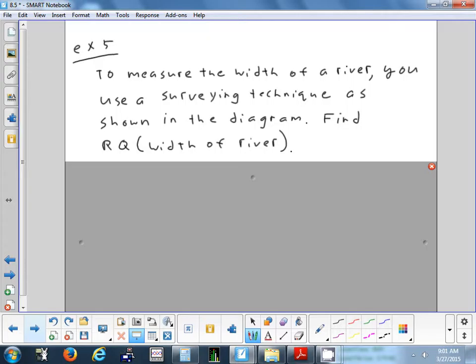And the last one we'll do is another similar word problem, except this time we're going to find the width of a river. The bottom line, if you can figure out how to set up your similar triangles, that's the whole problem.